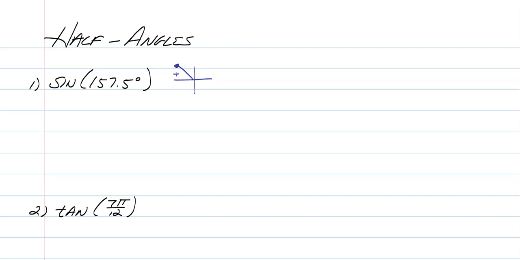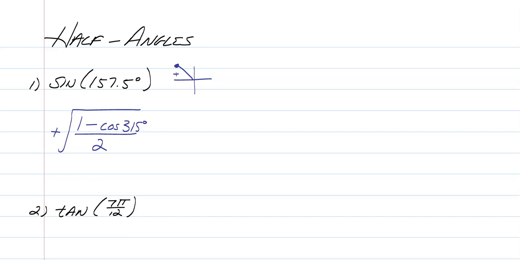Now, the formula is 1 minus the cosine of theta. That's the full angle, not the half angle. So 1 minus cosine of, just double this and you get 315 degrees, all over 2. Again, this plus or minus in front, you're going with the positive one because sine is positive in quadrant 2.